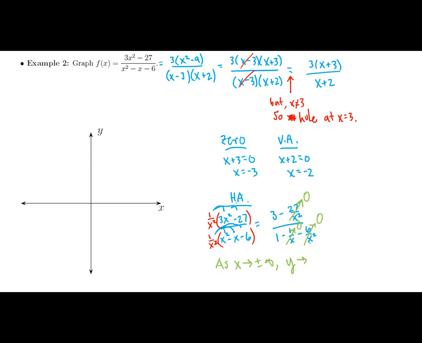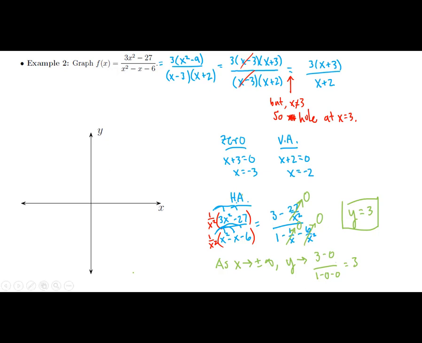So it's 6 over x squared, but that doesn't change the analysis. We're still heading to 0 there. So y is heading to 3 minus 0 over 1 minus 0 minus 0, which equals 3. So that says y equals 3 is my horizontal asymptote.